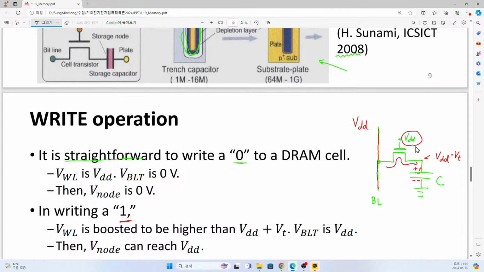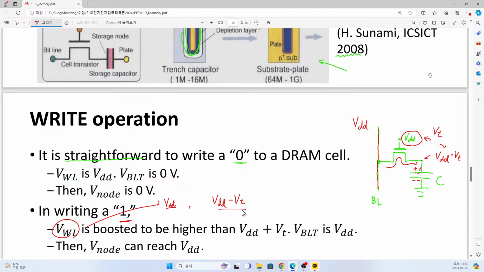Now this transistor has just VT as a gate to source voltage. So at this time, this transistor becomes inactive and just turned off.